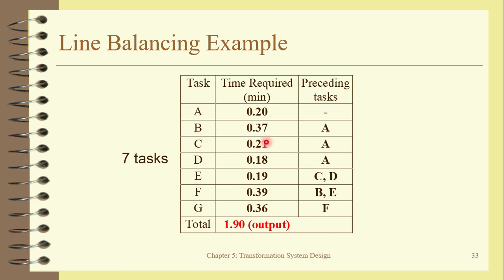Task E, before it can be started, tasks C and D must be finished. Task F, you need to finish tasks B and E. And task G, before it could be started, you need to finish task F.